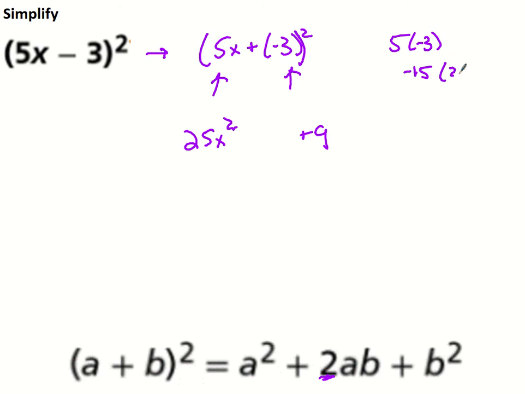Well, negative 15 times 2 is negative 30. And there's the x. I'm done. So I just did a quick shortcut without actually doing distributive property. Okay, so I squared the first term, squared the second term, and then I just multiplied these two guys. 5 times negative 3 is negative 15, then I multiply that by 2 because I'm going to do that multiplication twice.